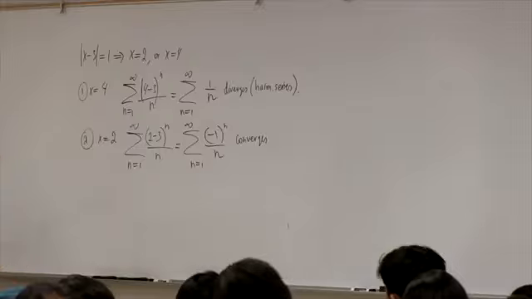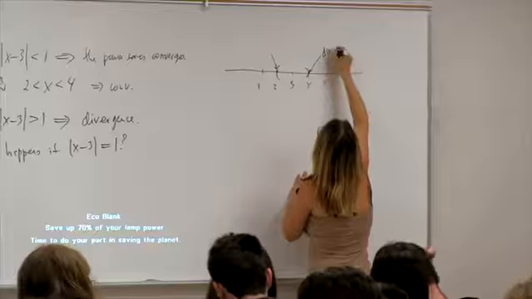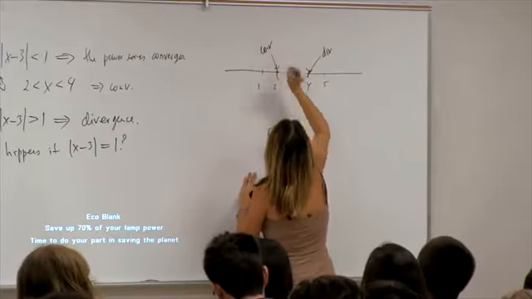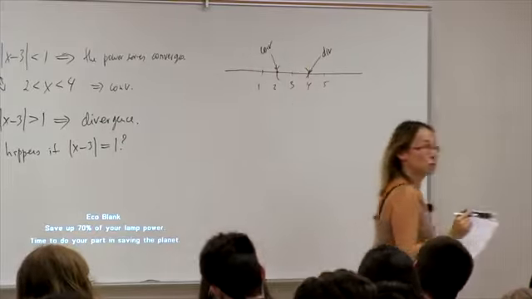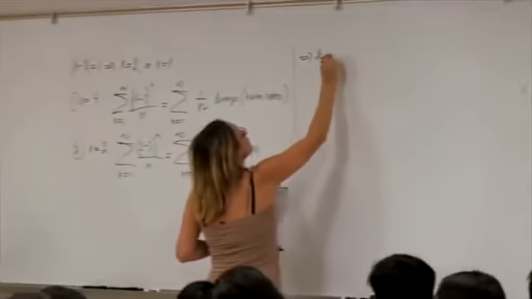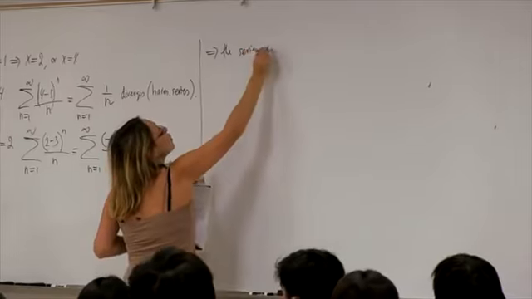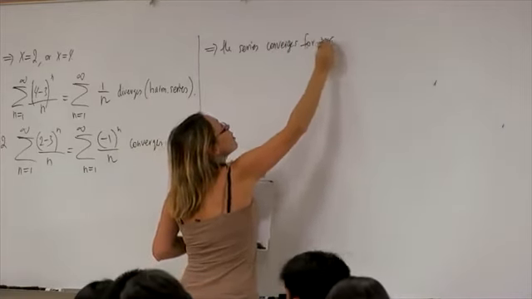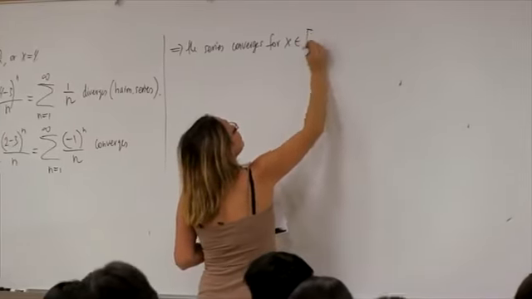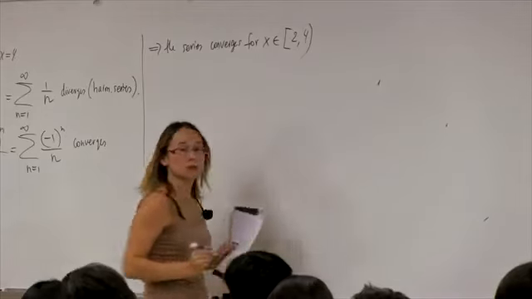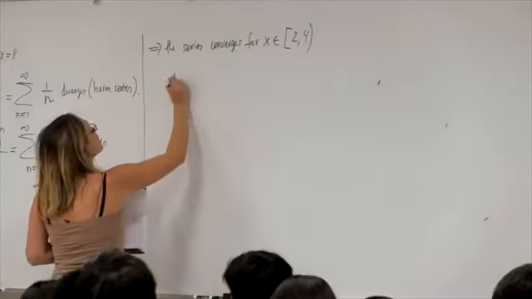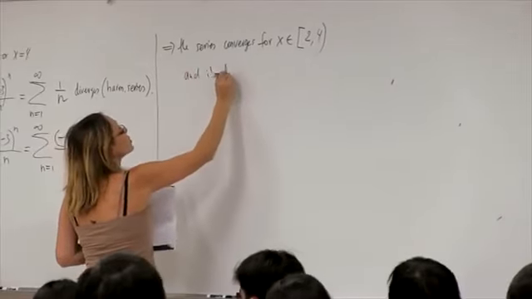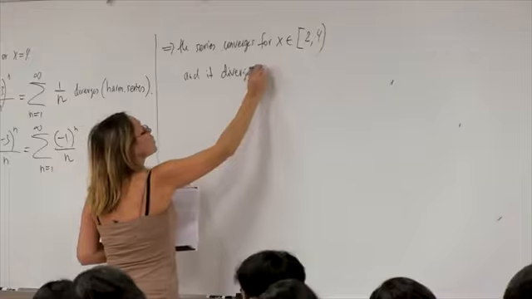So we can write down that here at 4 we have divergence, and here at 2 we have convergence. So what's the conclusion? The series converges for x belonging to an asymmetric interval from 2 to 4, including 2 but not 4. And it diverges otherwise.